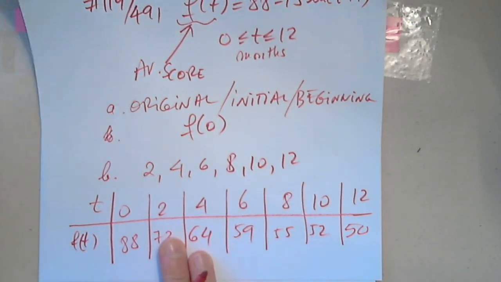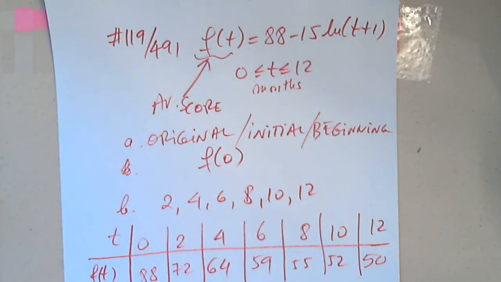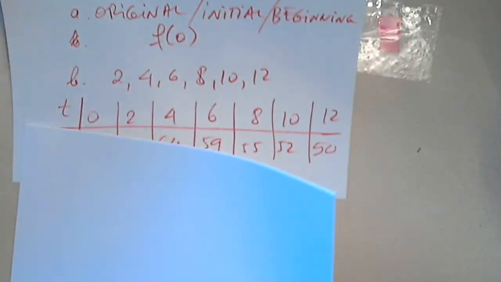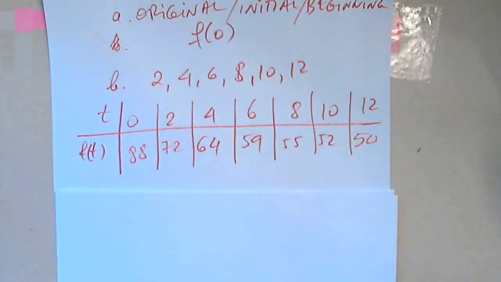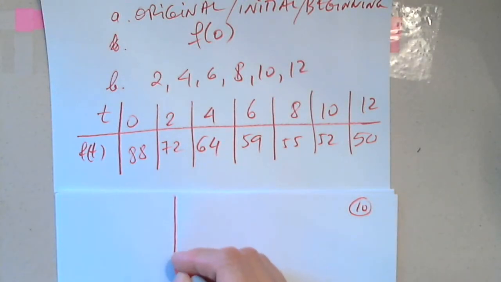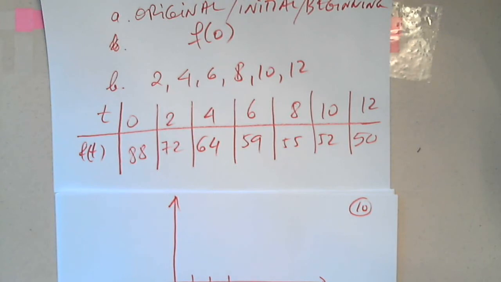Now I'm asked to graph this. I have so many ordered pairs, more than enough for me to graph this. So let's see. 2, 4, 6, 8, 10, 12.